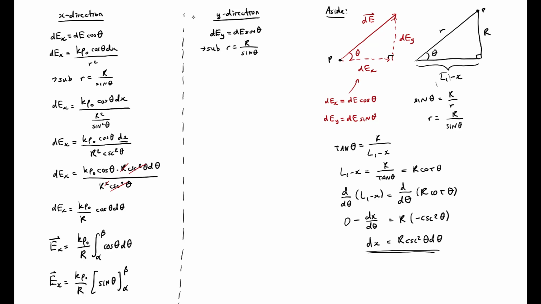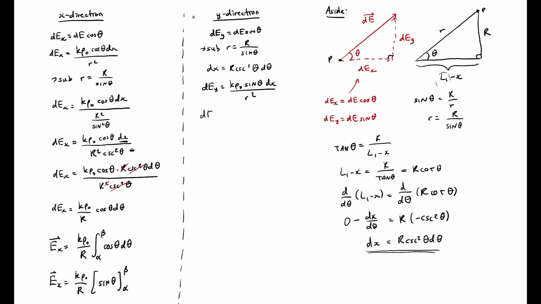We also know we're going to sub in dx is equal to r cosecant squared theta d theta. So dEy is equal to k rho naught sine theta dx over r squared.